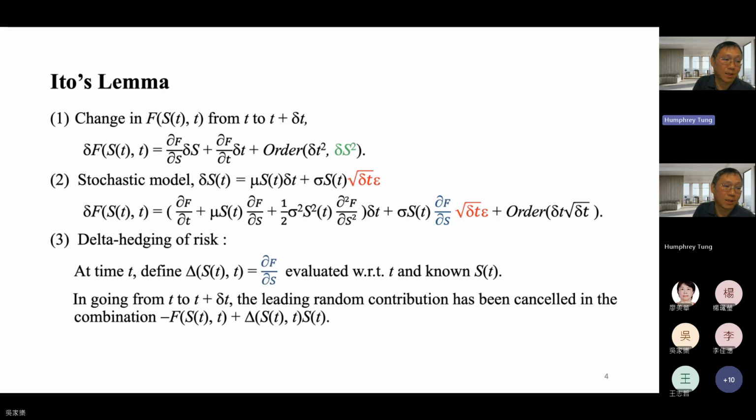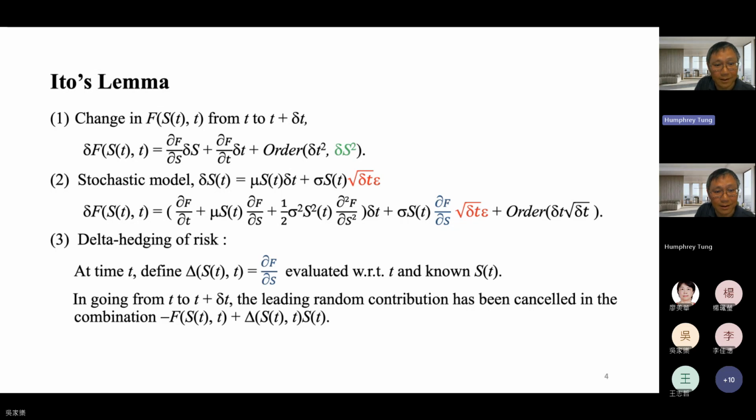So if you think about going from t to one delta t later, and you try to construct a portfolio, in bullet 3 there's something called delta. Delta simply means the partial derivative of the option function with respect to the price. You can see in bullet 2, I put it in gray color.